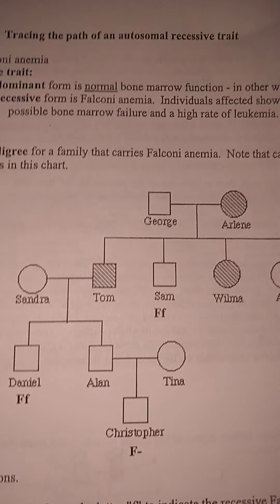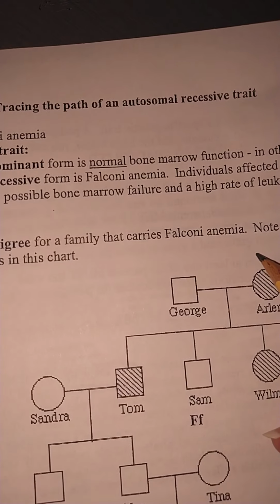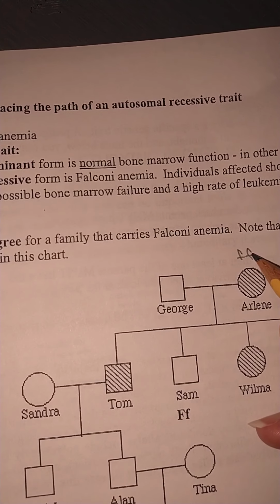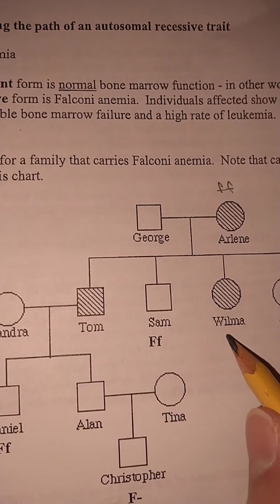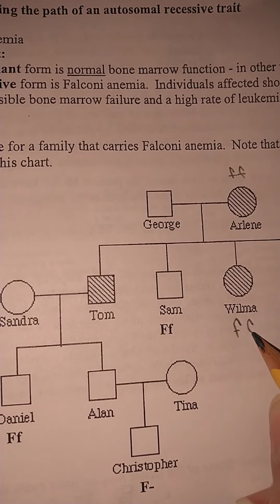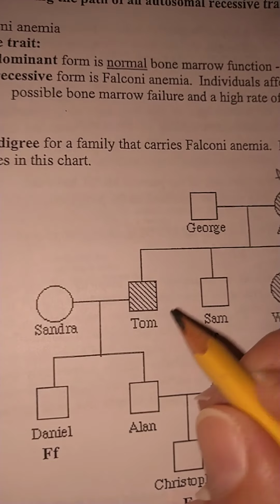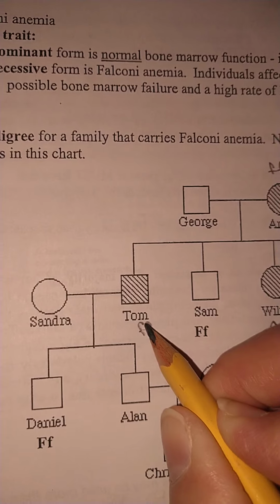So we can go ahead and fill those in. We know that Arlene is showing the trait here, so she has to be little f, little f. Wilma is showing the trait, so Wilma has to be little f and little f. Tom is showing the trait, so Tom has to be little f, little f.